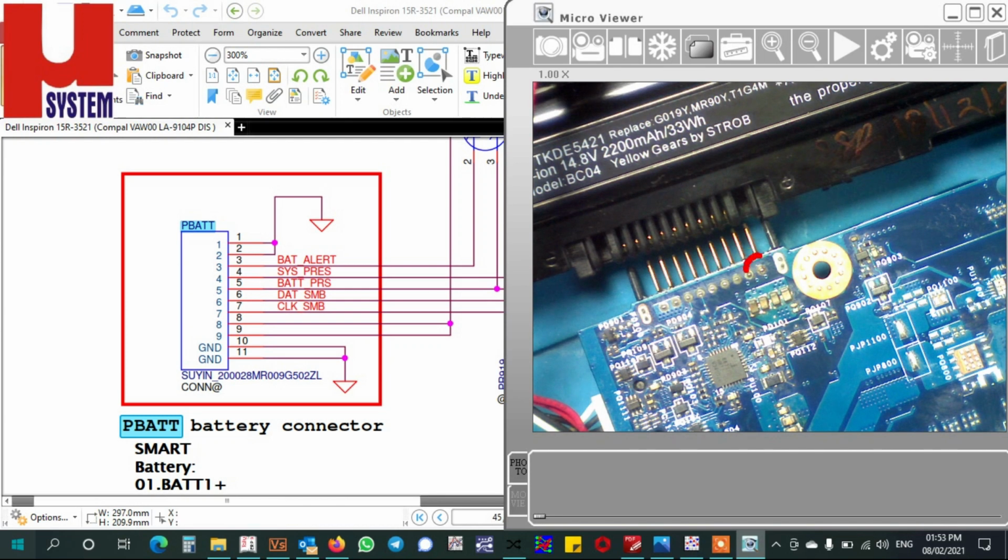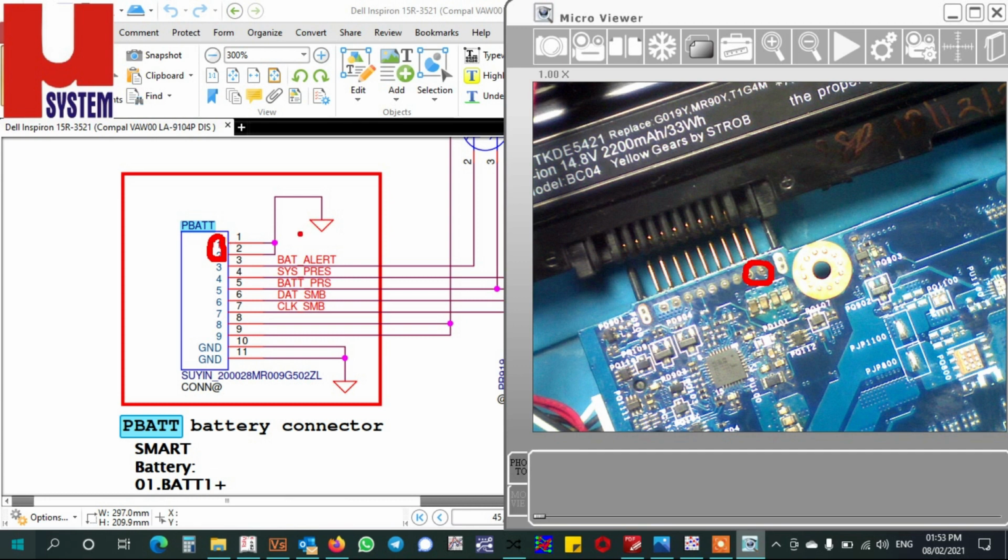These two pins are located over here. Sorry, this is pin number 1 and 2.